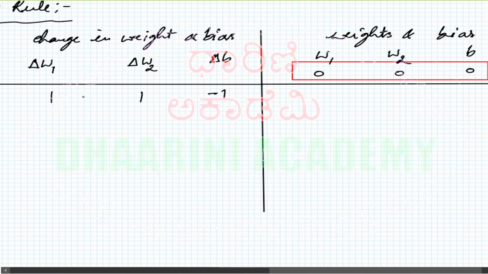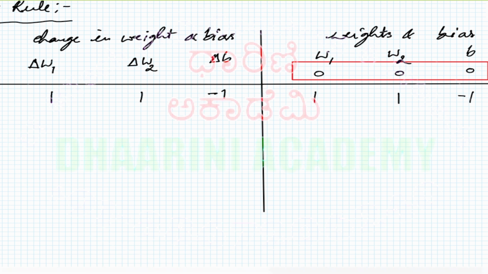Okay, so this is 1 plus 0 is 1. Then what is w2 now? That's also 1. And what is 0 minus 1? The updated bias is minus 1. Okay, now give me the values of the second row of delta w1, delta w2 and delta b. Take your time, calculate and then give me the answers once you have them.